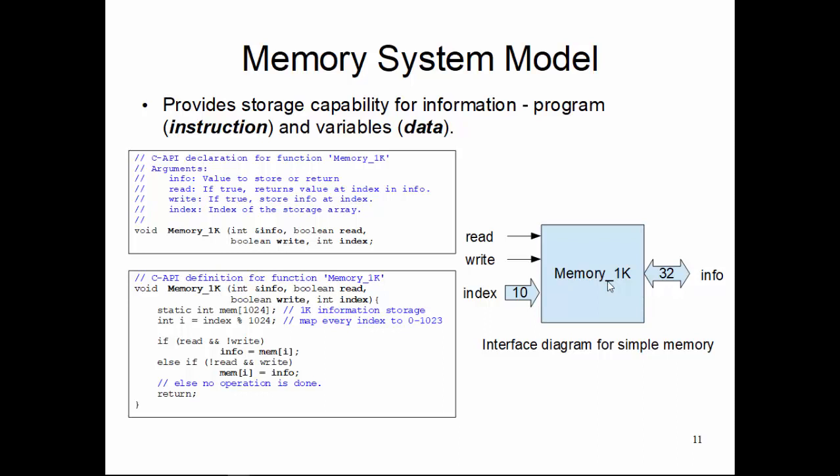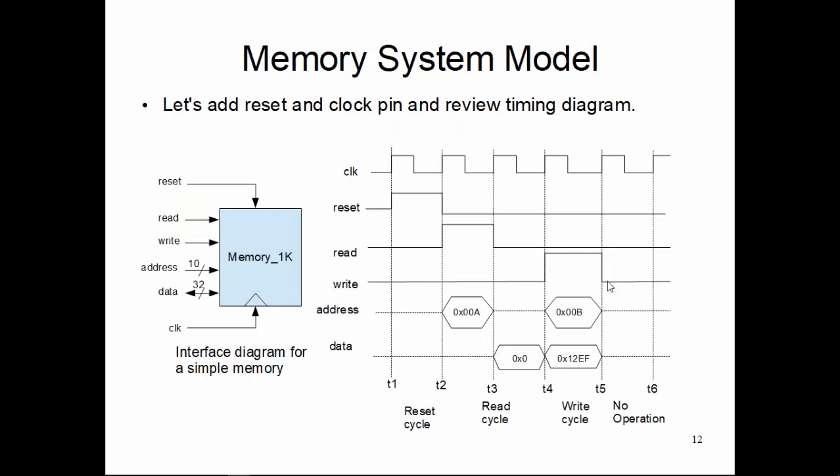Now next is the timing diagram, which is very, very critical to understand the exact functionality in the temporal domain of a memory. So let's recap and simplify this interface diagram a little bit without the thick arrow.